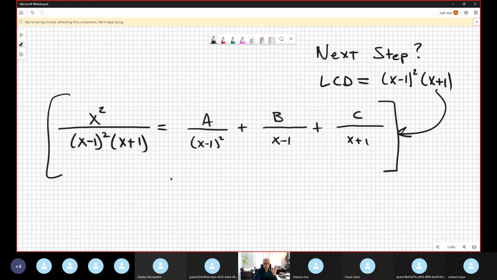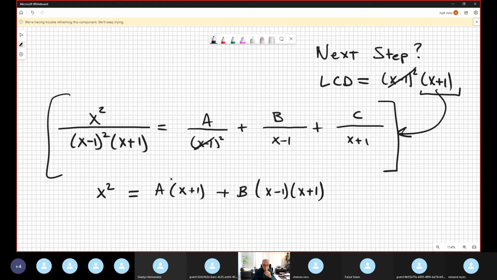Okay, so now multiplication. When you multiply, it's obvious that we have x squared equal to what? A times x plus 1, because in the first fraction after the equal sign, x minus 1 squared cancels out and only x plus 1 stays alive, plus b times x minus 1 and x plus 1. Does it make sense or no?